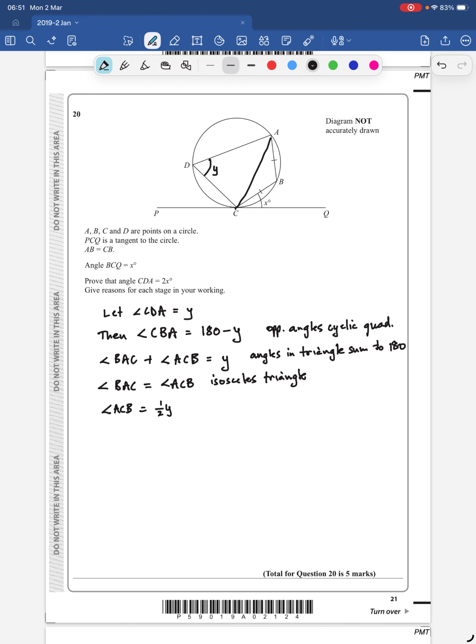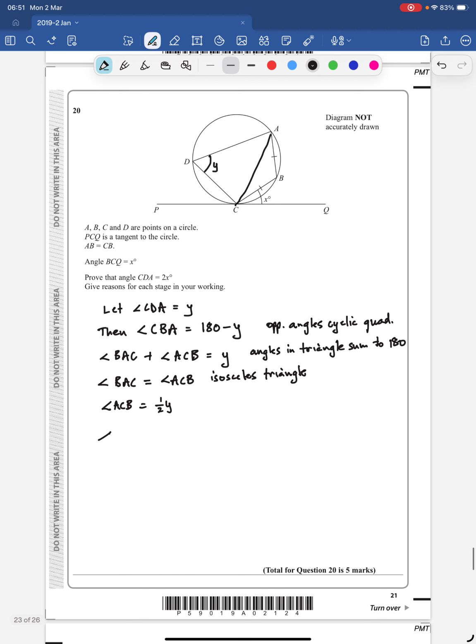I can say that angle ACQ, that's this big one here, is equal to y, and then AST, alternate segment theorem, that's going to be enough. And therefore I have x plus a half of y equals y.